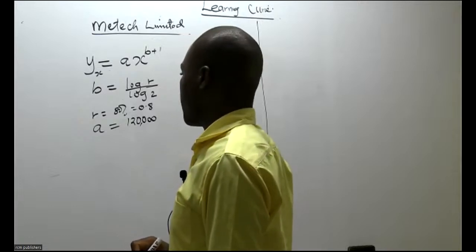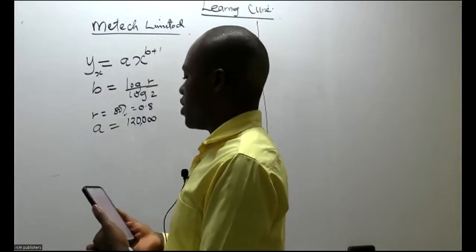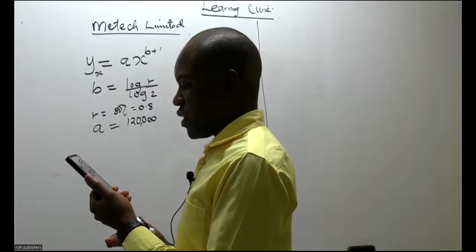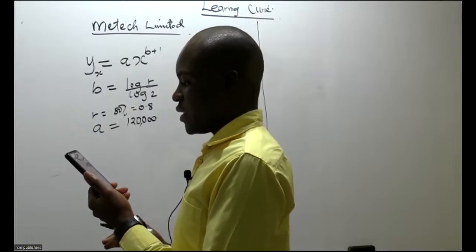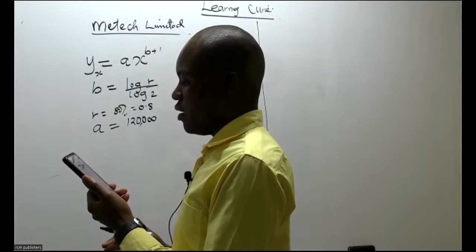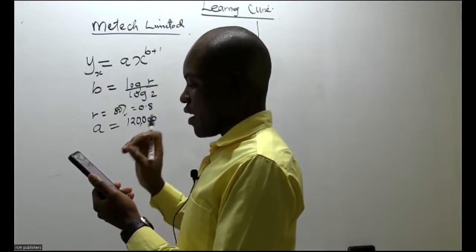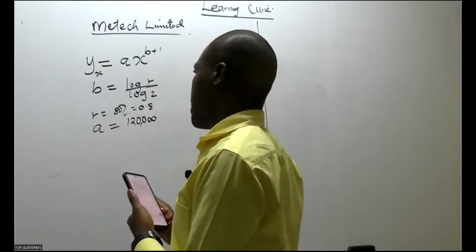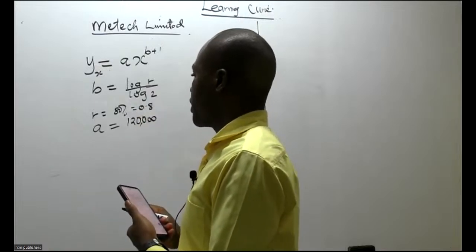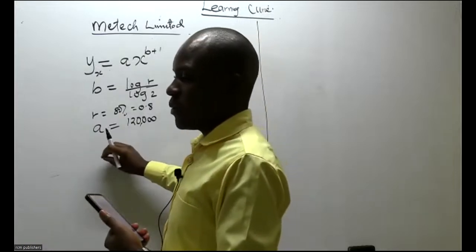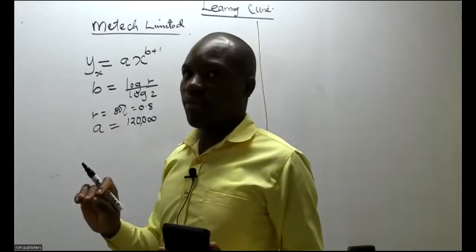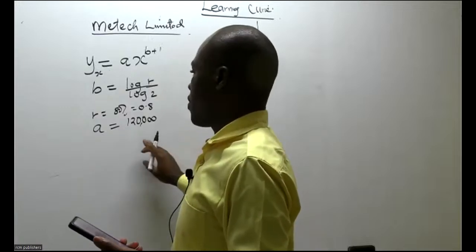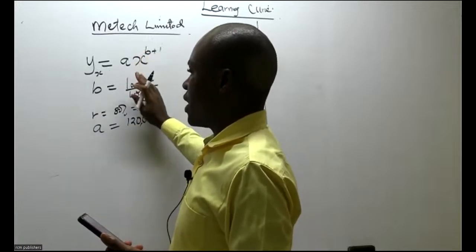Then we are told they are going to do production in batches of 1,000, and the lifespan of this product is giving us 16,000 units. So it means we are going to have 16 batches, the total batches to be done for the lifespan of this particular product.